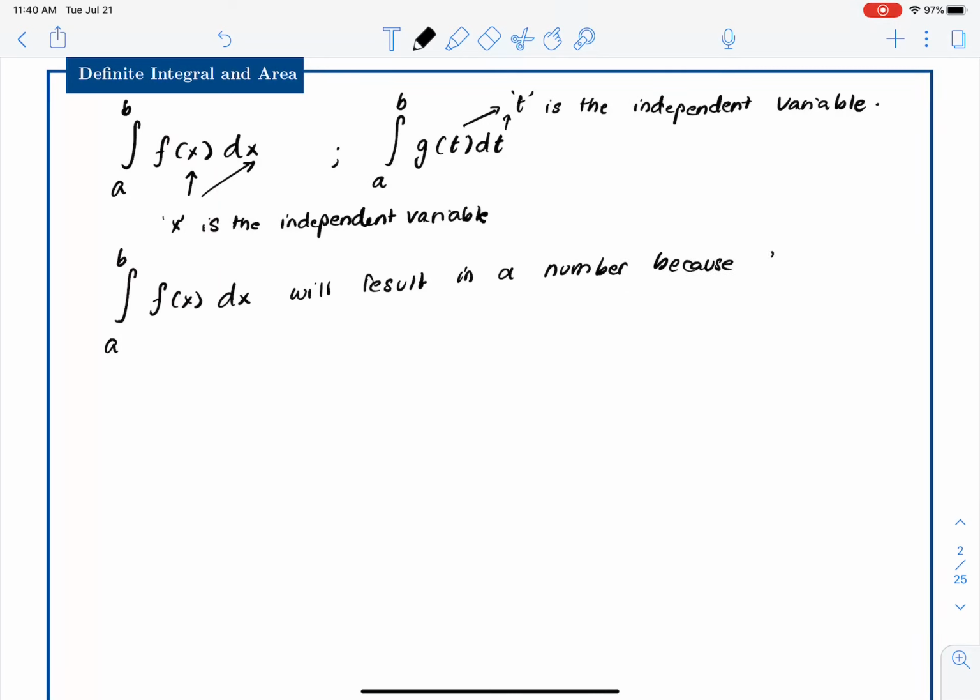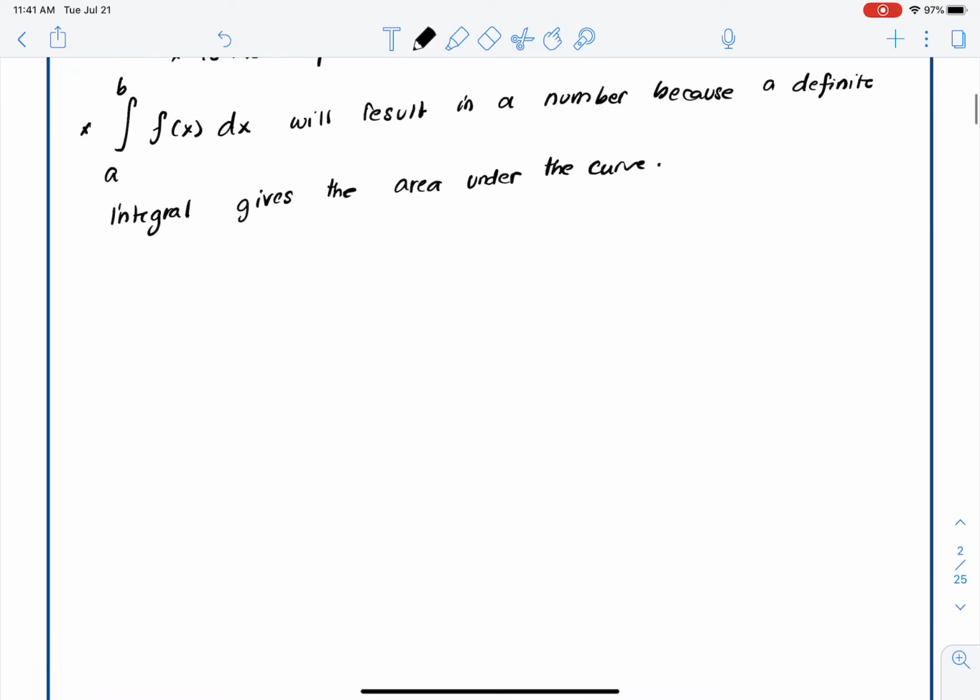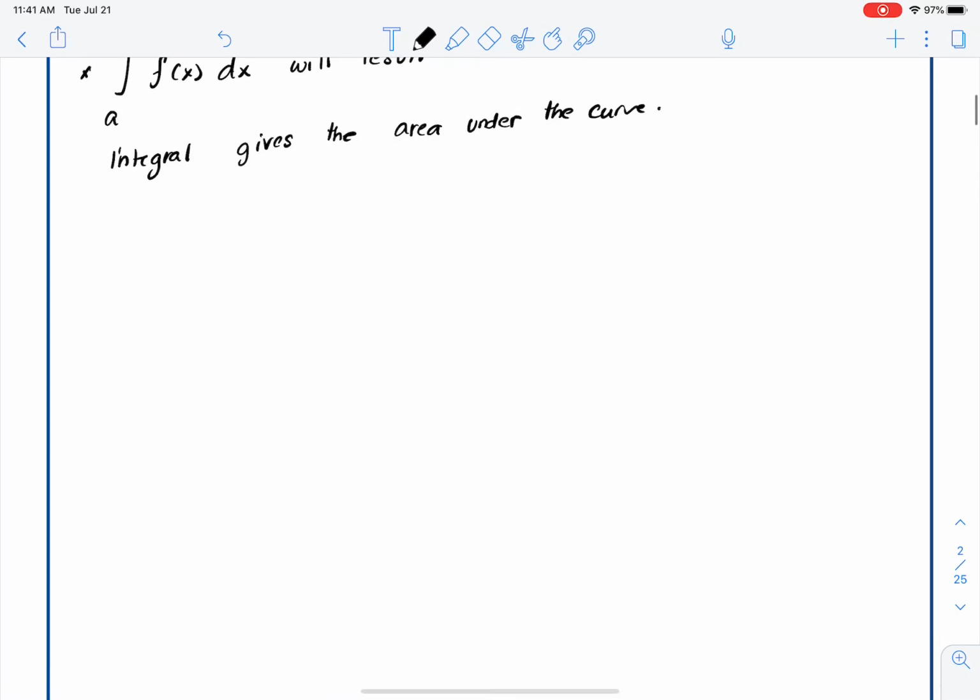Because a definite integral gives the area under the curve, if the curve is above the x-axis, the area will be positive.